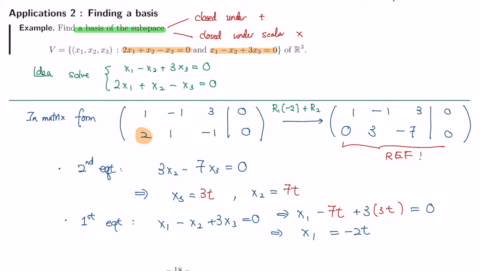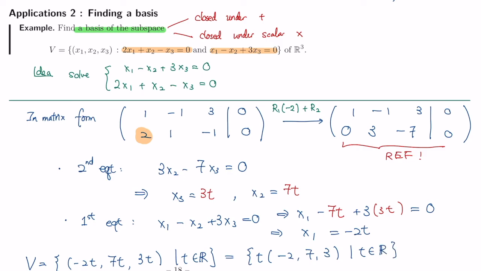So hence, what are the solutions to this equation? The solutions are x1 equals minus 2t, x2 equals 7t, and x3 equals 3t. And then, of course, you can take out the common factor t from each entry. So (-2, 7, 3).